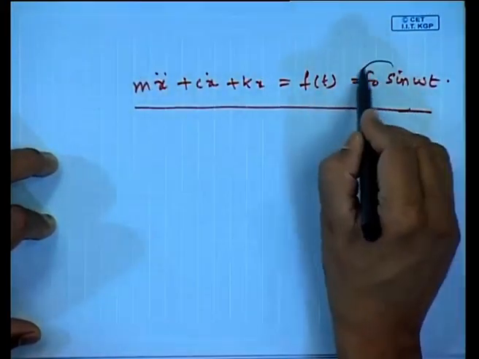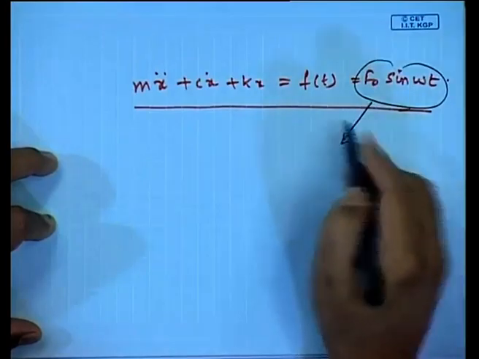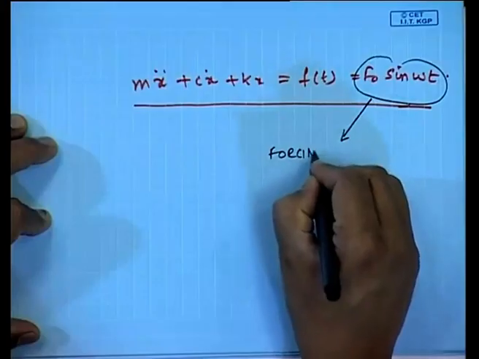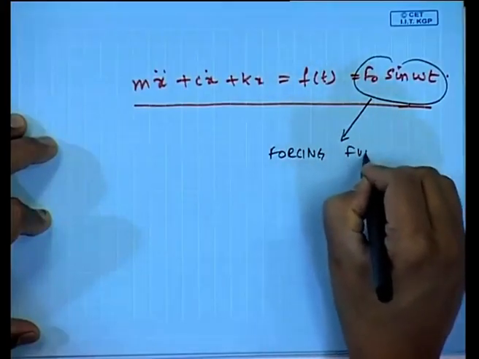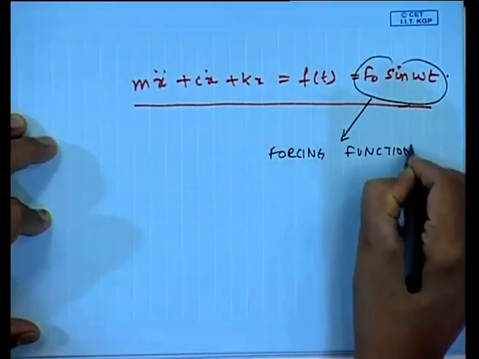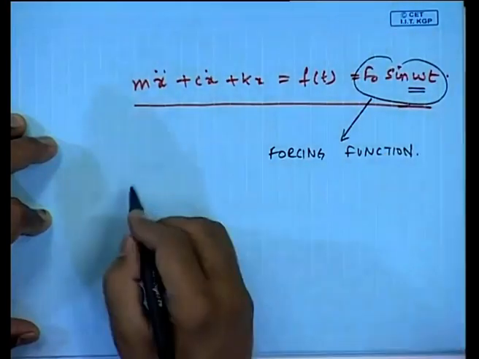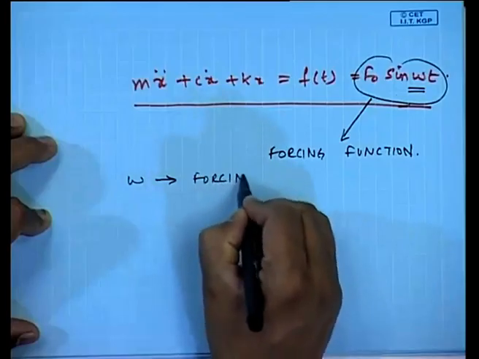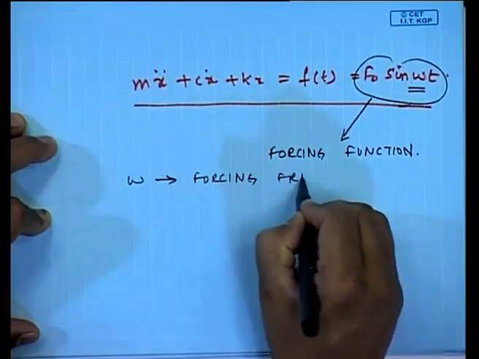The right hand side is what is known as the forcing function, and you will notice this omega here, omega is nothing but the forcing frequency.